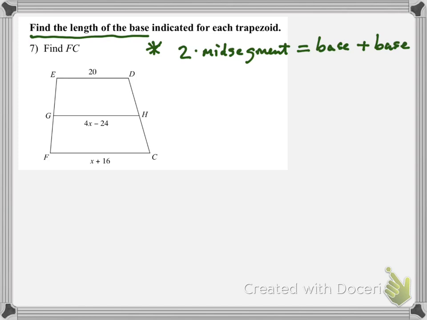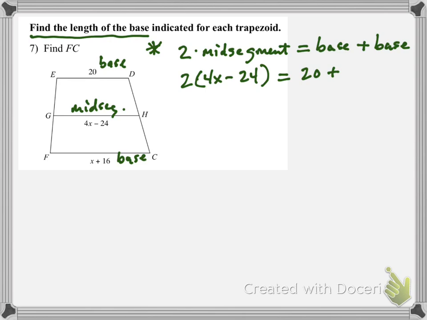So we've got what? So I got base, midsegment. So I have 2 times 4x minus 24 equals 20 plus x plus 16. Okay, well, distribute.